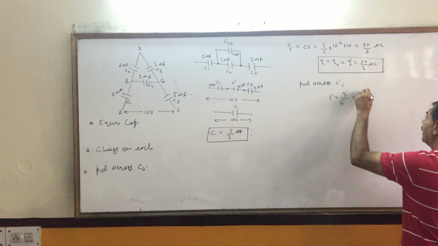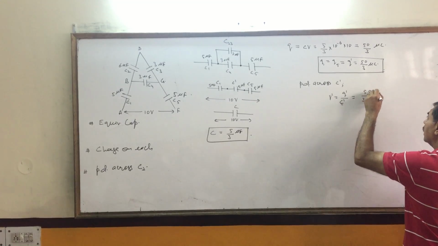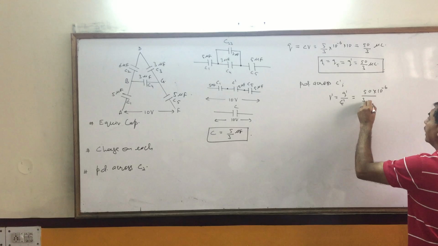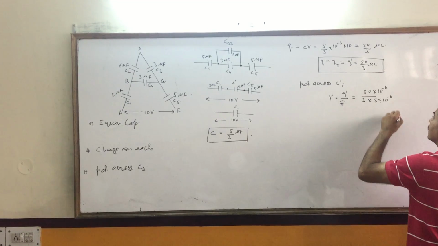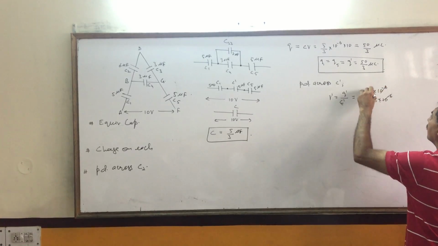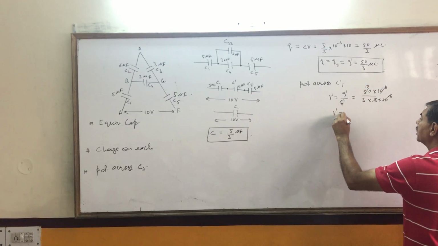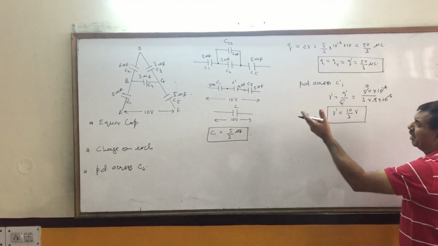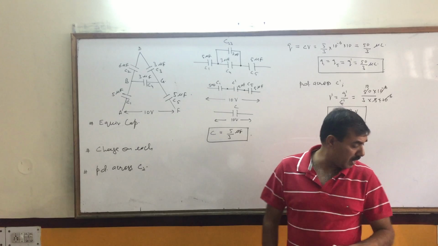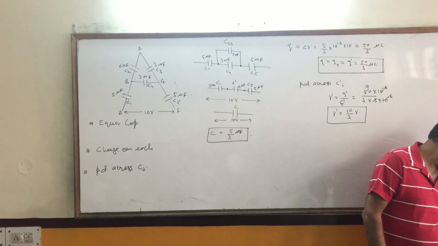Q dash is 50 by 3 into 10 to the power minus 6, and C dash is 5 into 10 to the power minus 6. Thus, V dash is 10 by 3 volts, which could be visualized otherwise also.